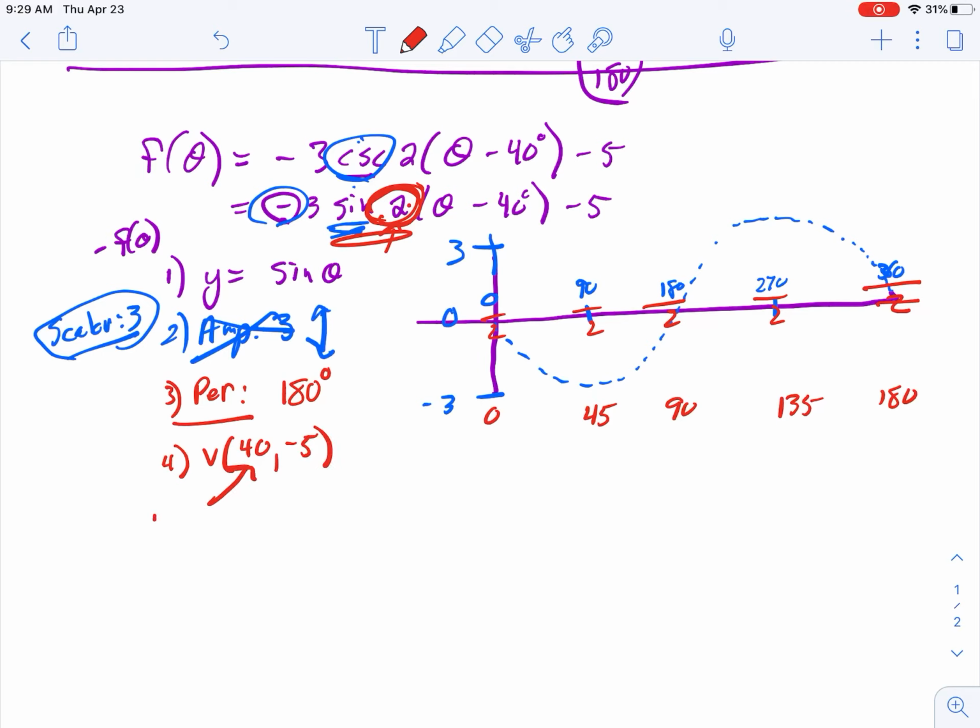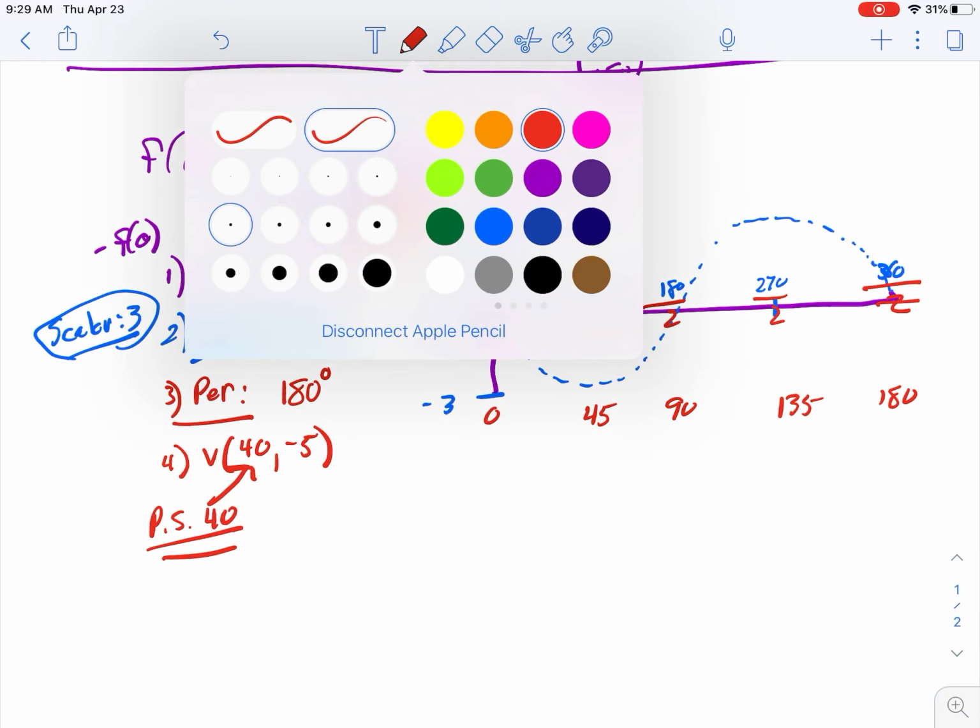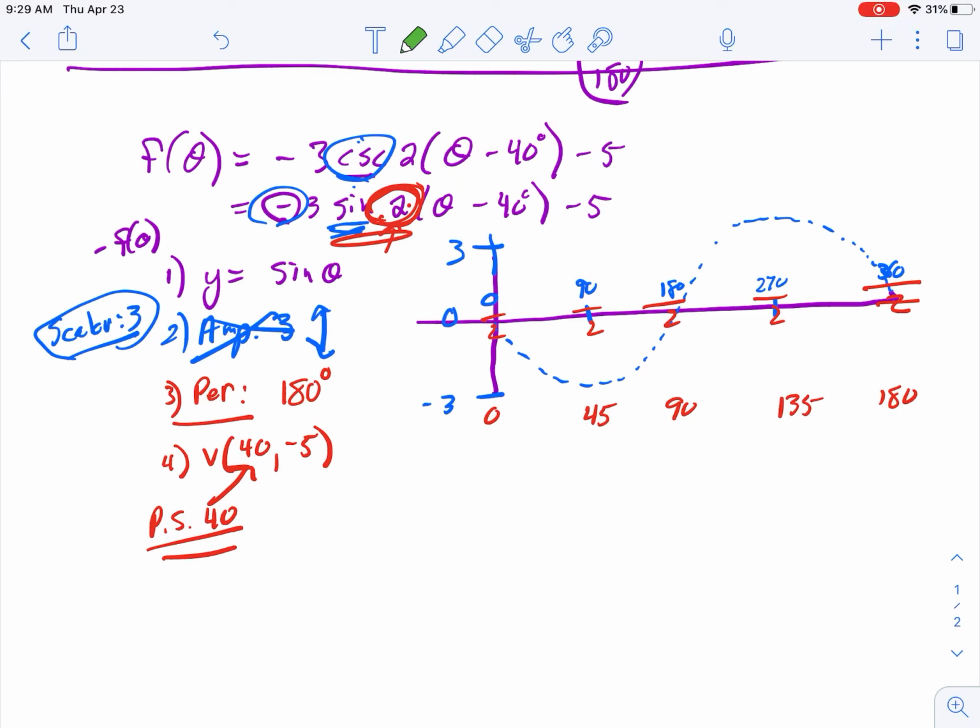have 40 and negative 5, but we have names for this. This is our phase shift of 40. So we're going to go through and add 40 degrees to each one of these.